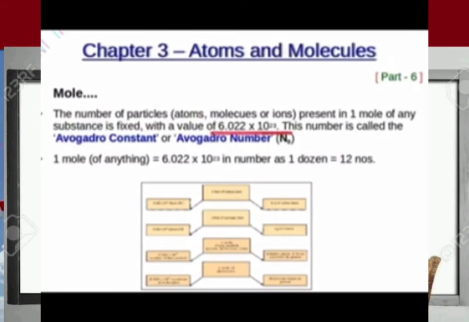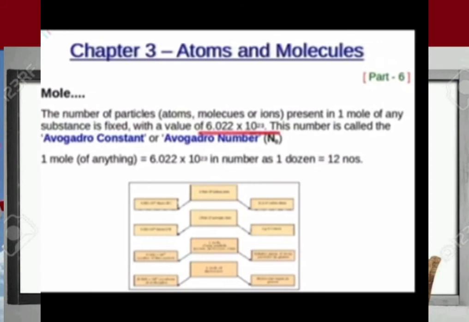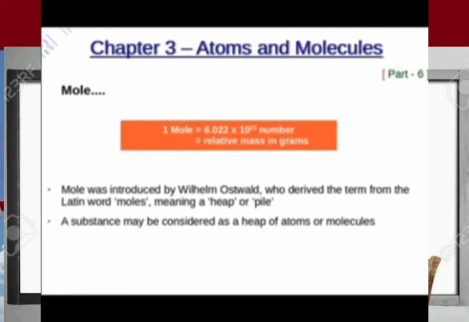It's very important to study. Just as 1 dozen is equal to 12 numbers, 1 mole is equal to 6.022 into 10 raised to 23 number.